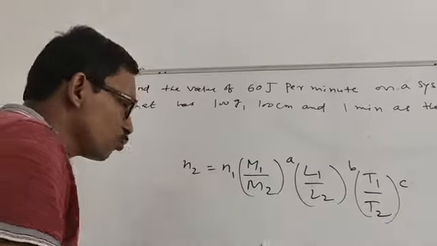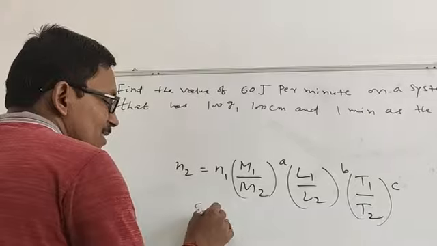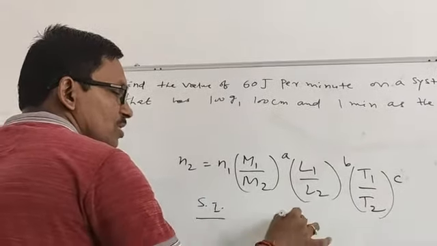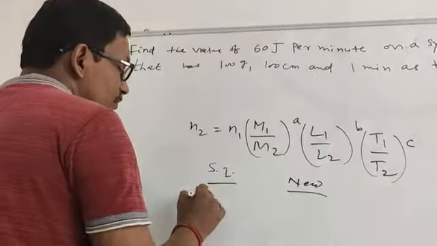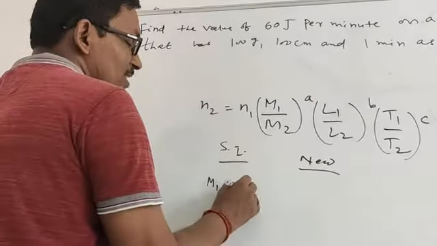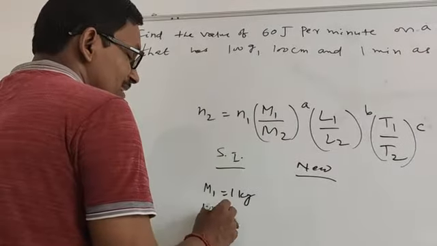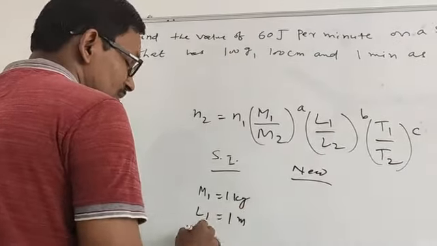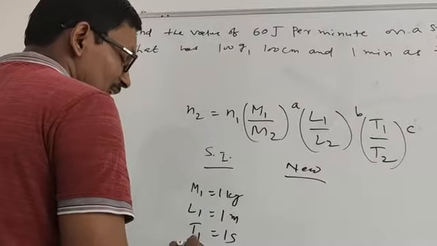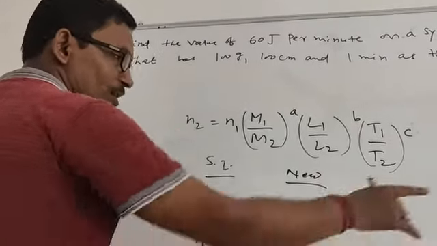So now, two columns we can write, SI system and new system. SI system: M1 is 1 kg, L1 is 1 meter, T1 is 1 second, N1 is given 1 watt.